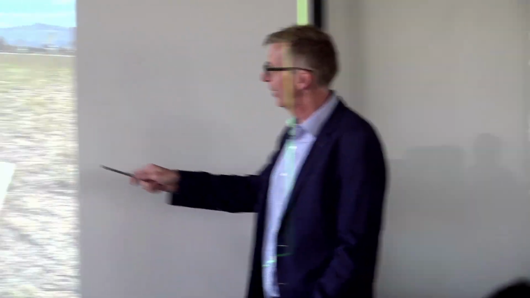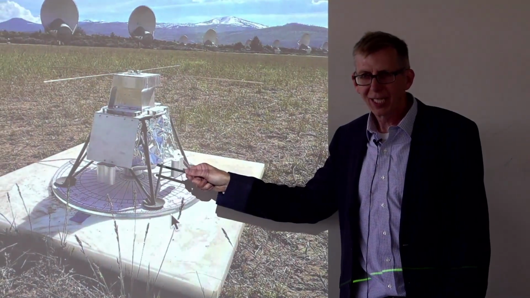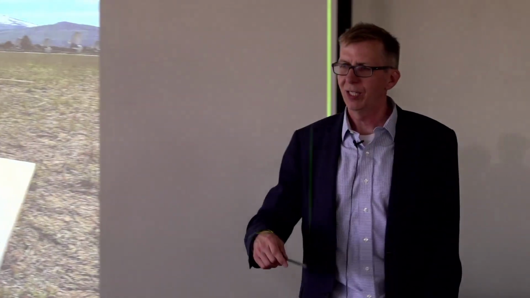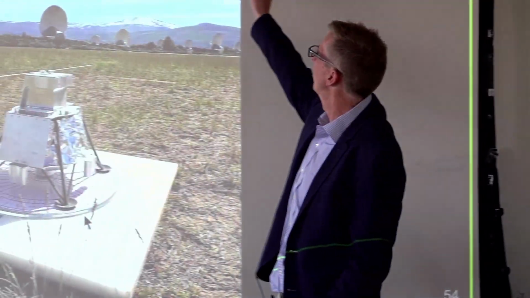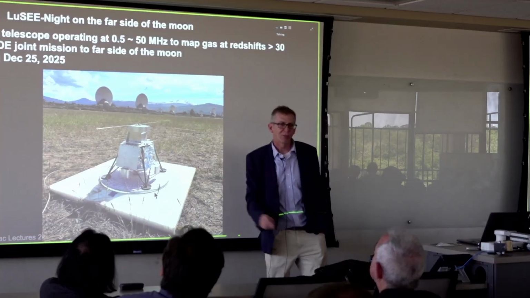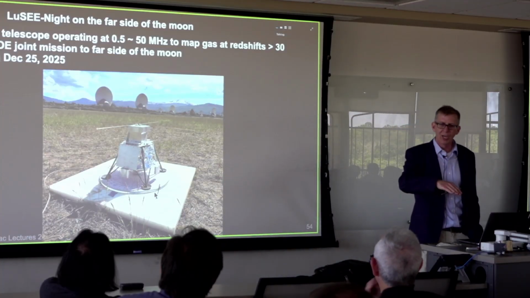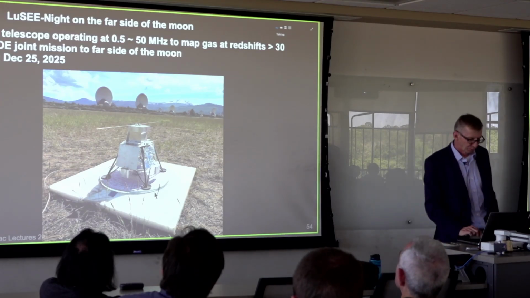On the other hand, this is to start developing the technology and to see if it's even technically feasible to actually measure these dark ages of the universe out at redshifts of, this is beyond redshift of 30, which from the ground within the Earth's atmosphere would be almost impossible to do.